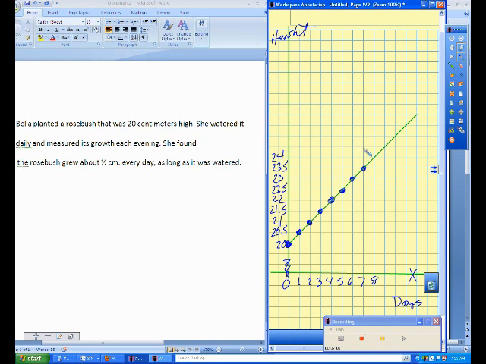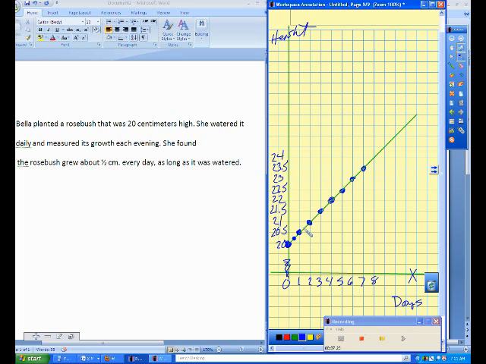So what I mean by that, for example, is if I could add another little data point right here. So that means after half of a day goes by, this is about 20 1/4. Okay, because it hasn't gotten a chance to go the whole half of a centimeter tall yet.